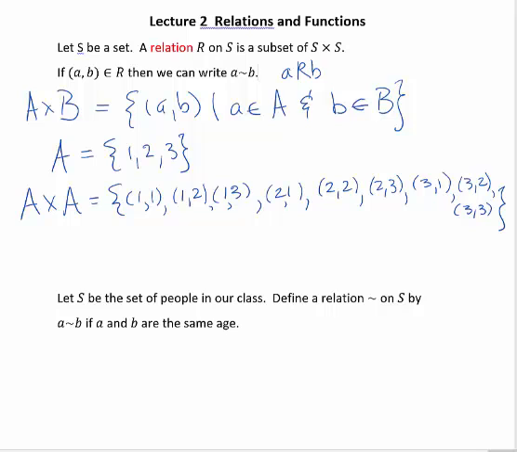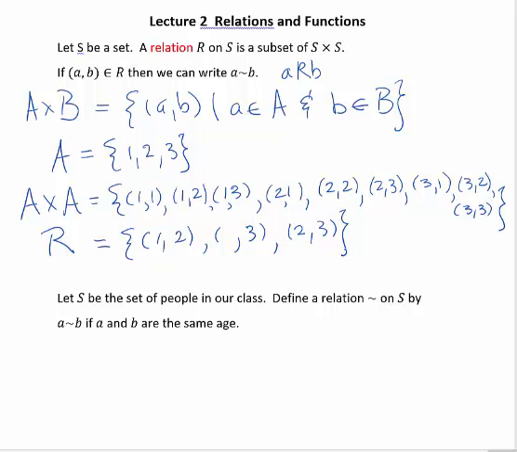Now, what about this subset? Let's call R the following subset of A cross A. In other words, we're going to define R as a relation on the set A. So let's see, how about the ordered pair (1, 2), and the ordered pair (1, 3), and the ordered pair (2, 3).